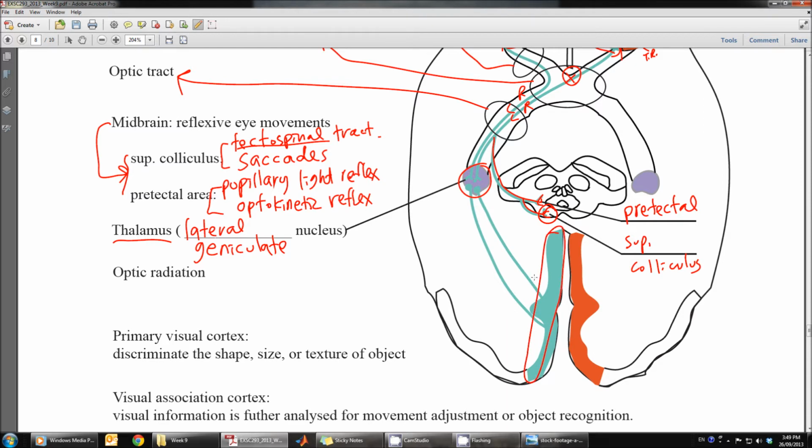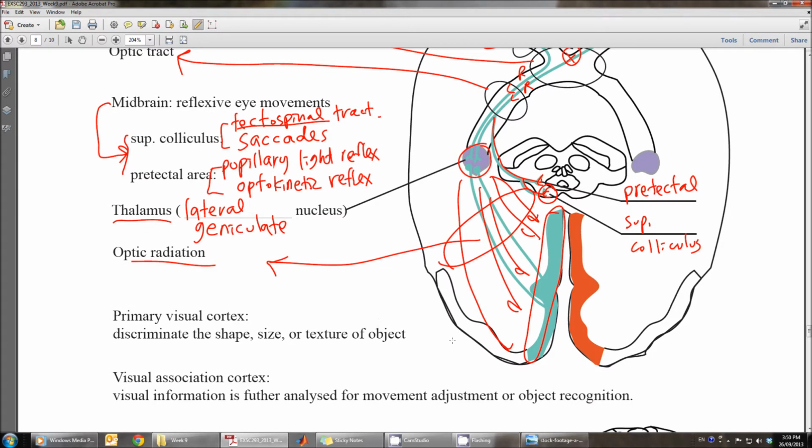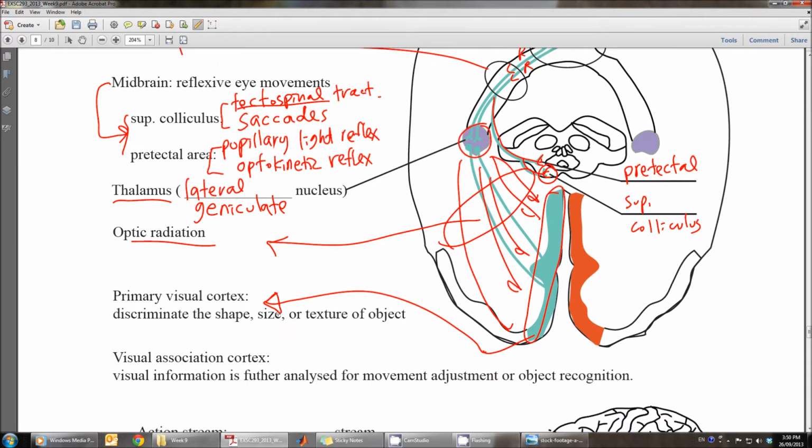As all the axons radiate towards the primary visual cortex, this axon is called optic radiation. And you can label this part of the cortex as our primary visual cortex near the calcarine sulcus.